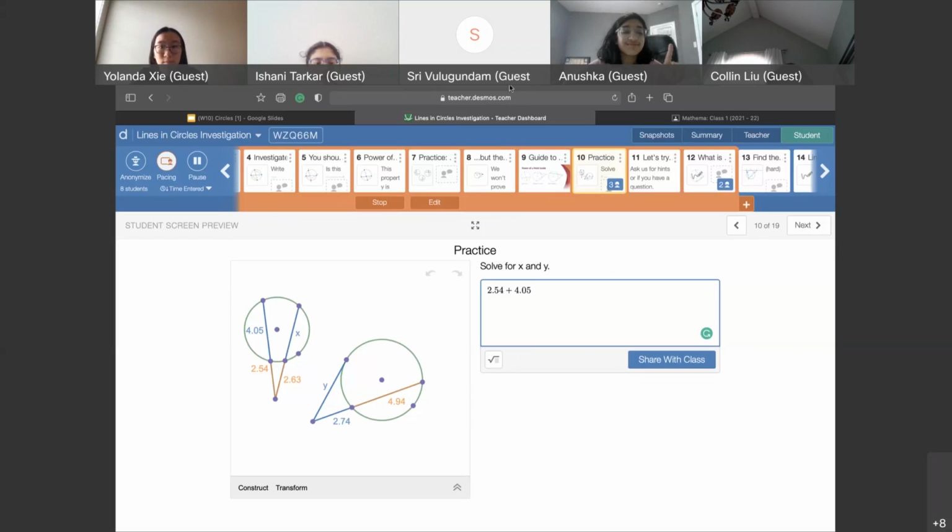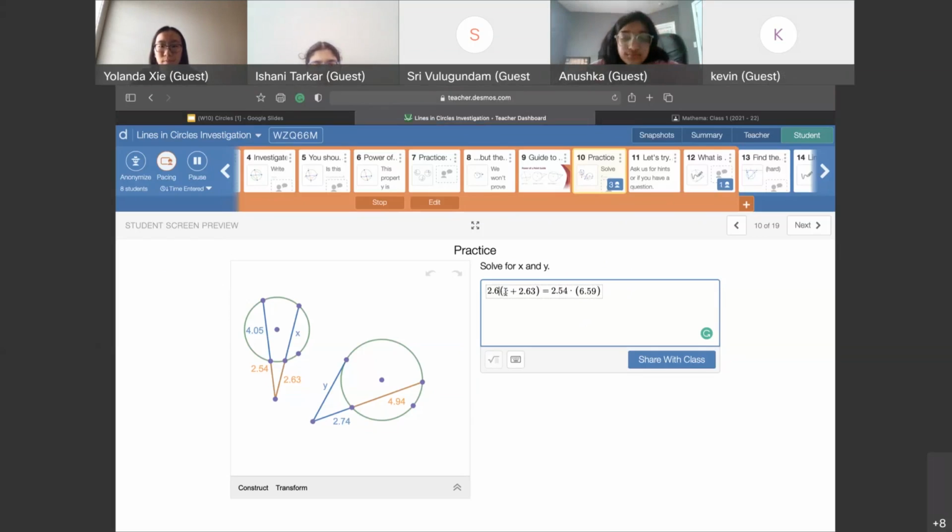So you do 2.63 times x plus 2.63 on one side is equal to 2.54 times 2.54 plus 4.05, which is equal to 6.59, right? So you divide both sides by 2.63.